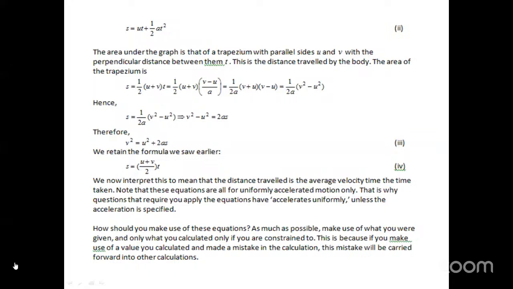Okay, are you with me? Yes, sir. That will be half U plus V times T. That will be half V plus U. What is T? T is V minus U over A.